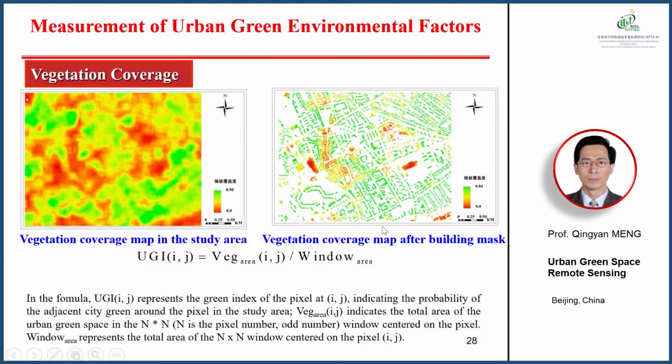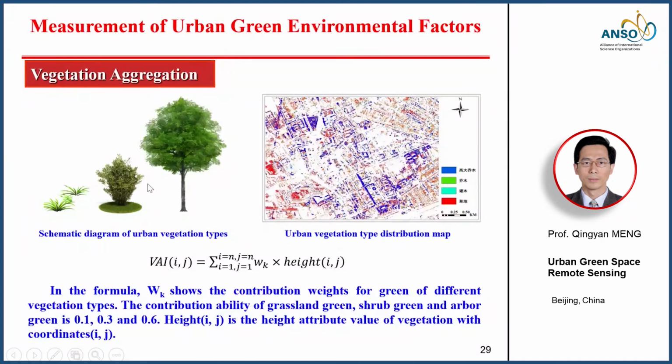And I have introduced to you the two-dimension vegetation parameters retrieving. This is the vegetation aggregation, and this is the urban vegetation types distribution: the trees, the bush, the grass, and so on.